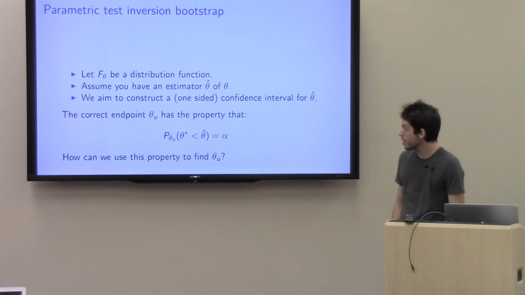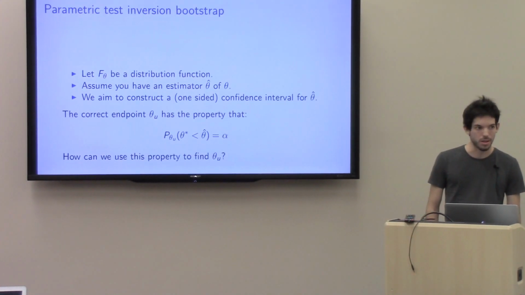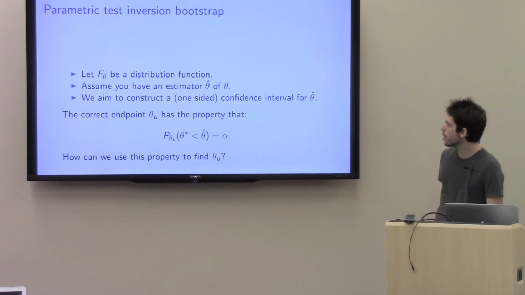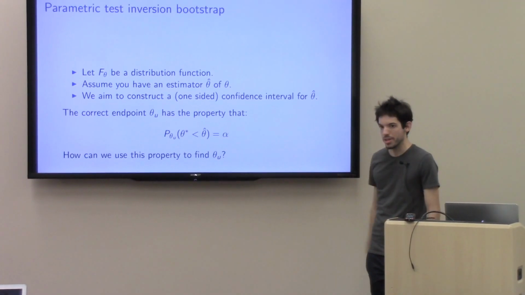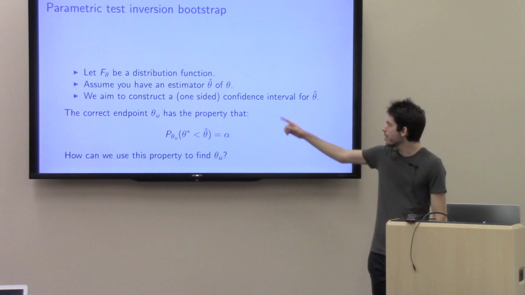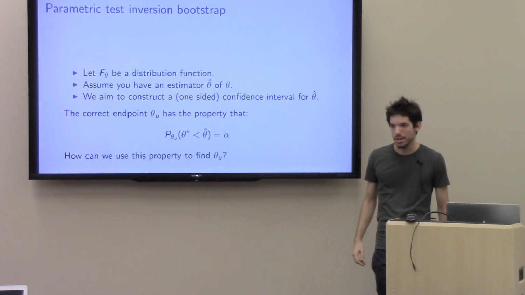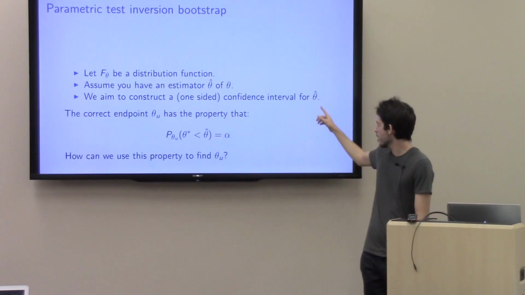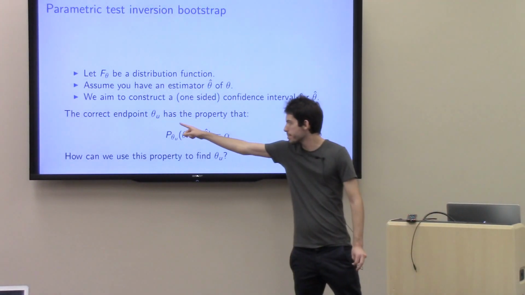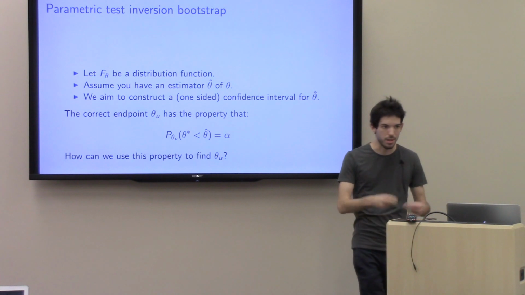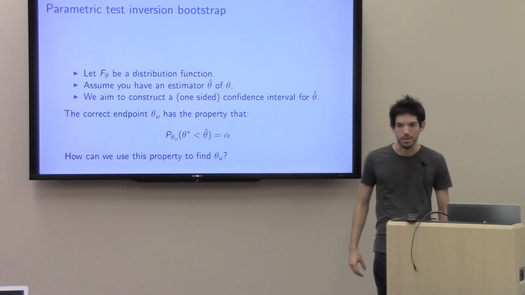So what is test inversion? That's the method that Regev uses and the one that I work on. Basically, you have a distribution function, theta, and you have an estimator for it, theta hat, and you want to find the endpoint, theta u, which gives a 95% confidence interval.